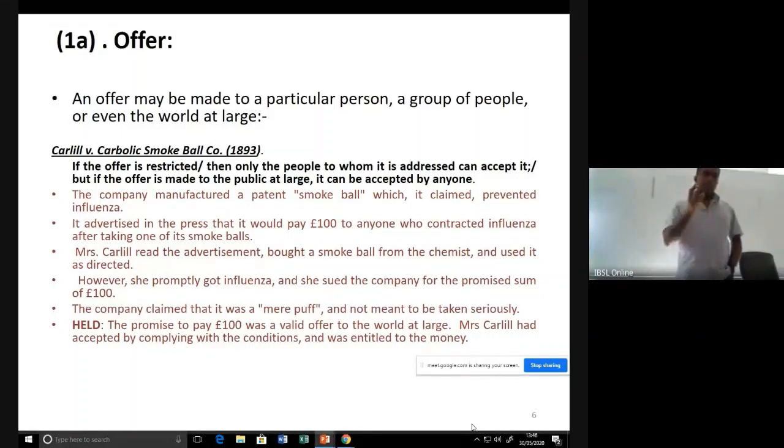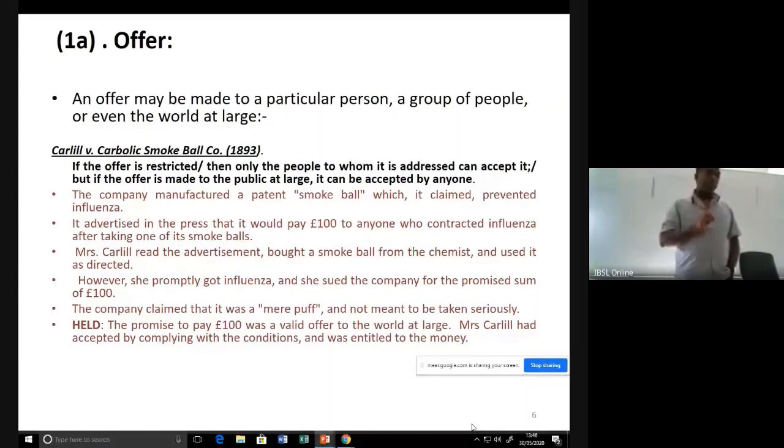It's like a toffee. Even today we have some toffees like Hacks, Vicks, good for influenza. So this company also manufactured a toffee.